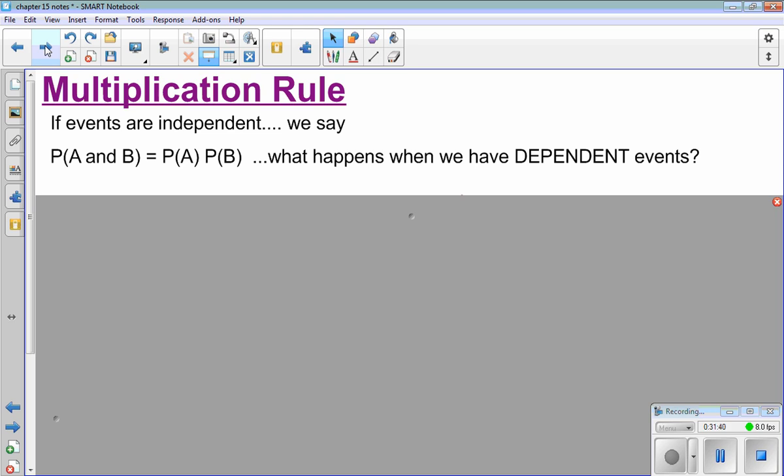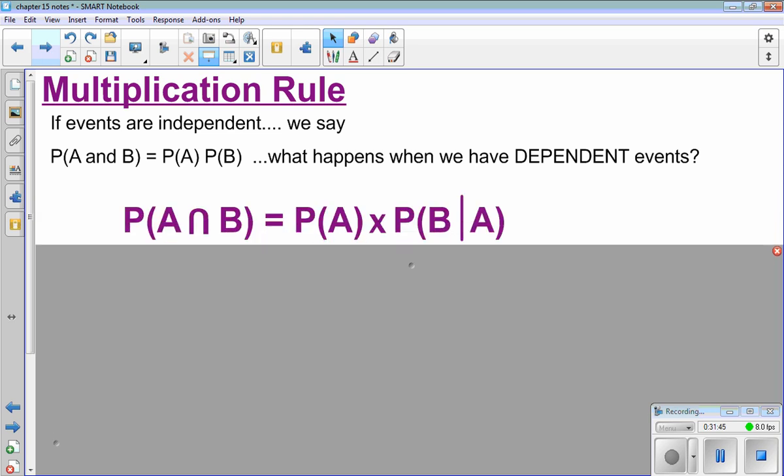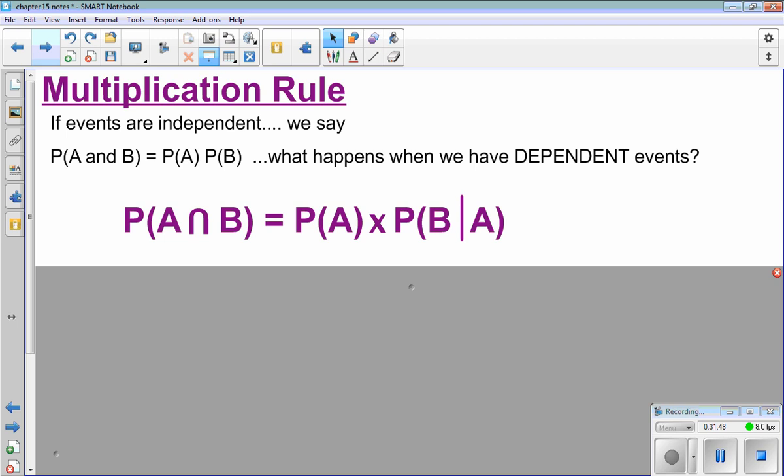But if we have dependent probabilities, or dependent events, this is the new formula. And I apologize for the crazy font, but you need to write this down. Keep your formula sheet handy, because I'm going to show you where it is on your formula sheet as well. Write this one down for me.